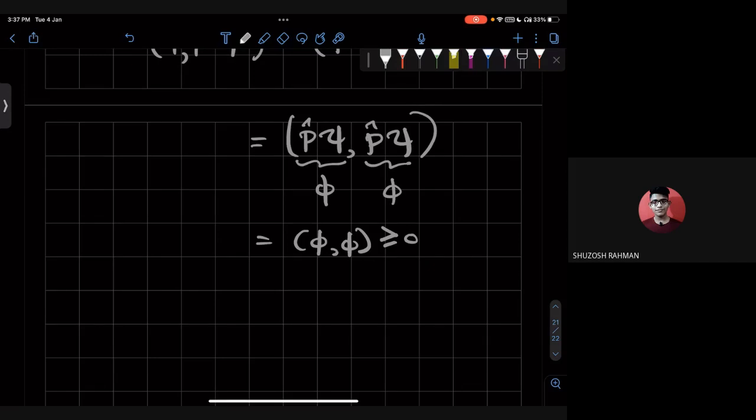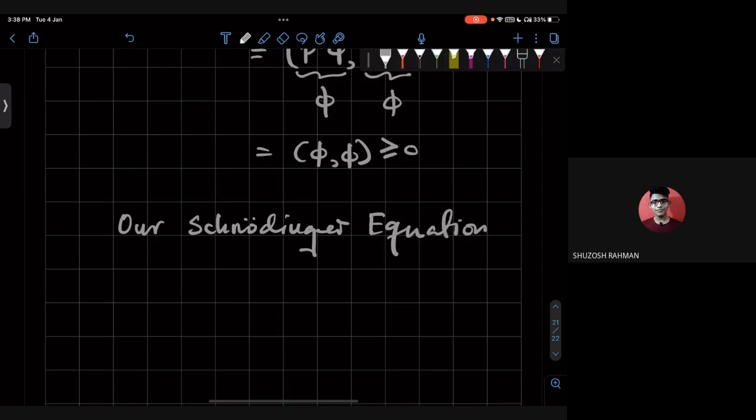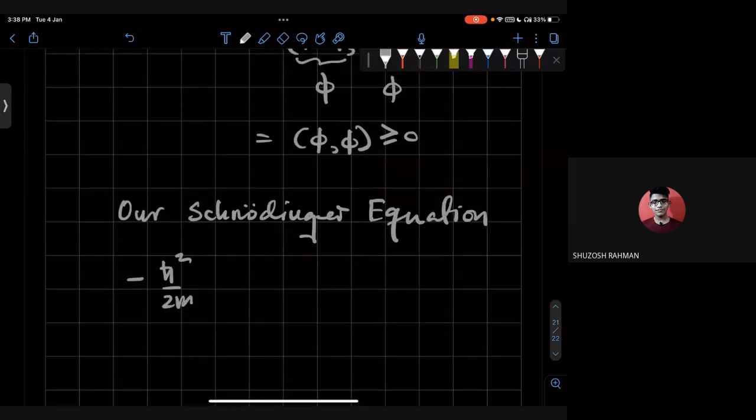So today we will solve the Schrodinger equation in one way, and if we cannot finish the other approach, as I said before, I'll ask you for another class, and I think it's very important that we finish the harmonic oscillator. So our Schrodinger equation is minus h bar squared by 2m, and we are solving the time-independent Schrodinger equation.